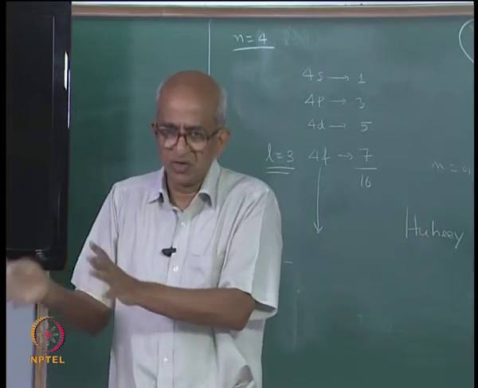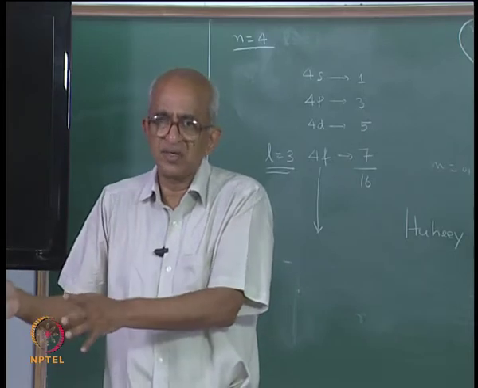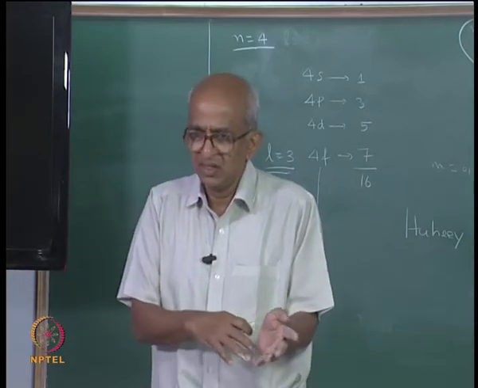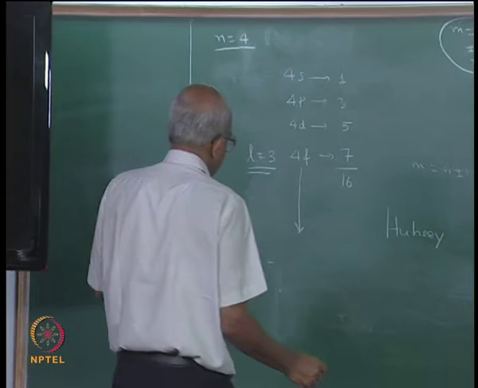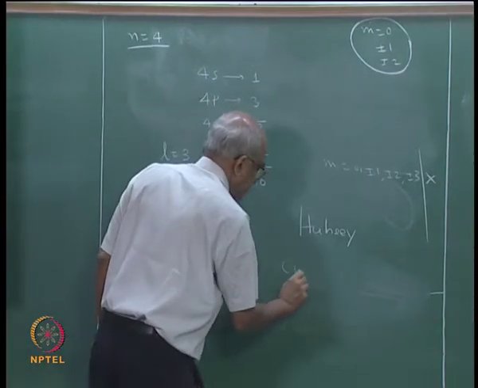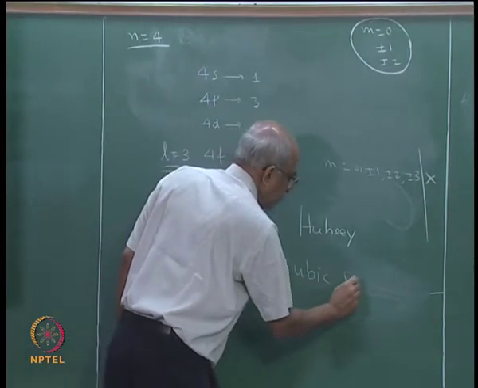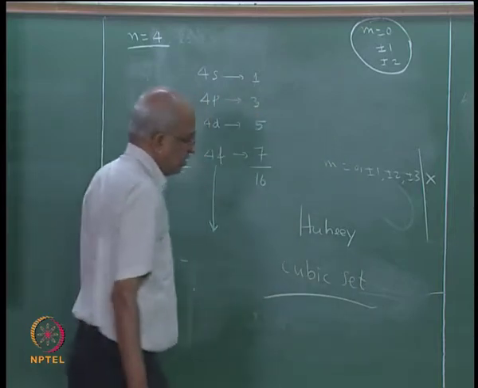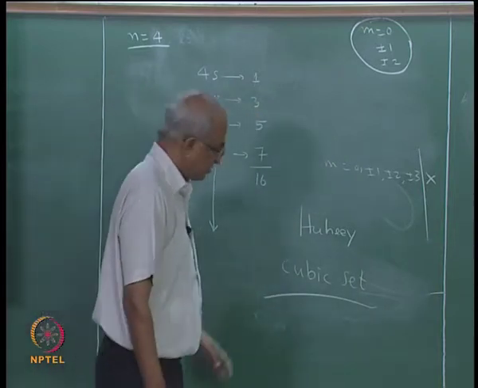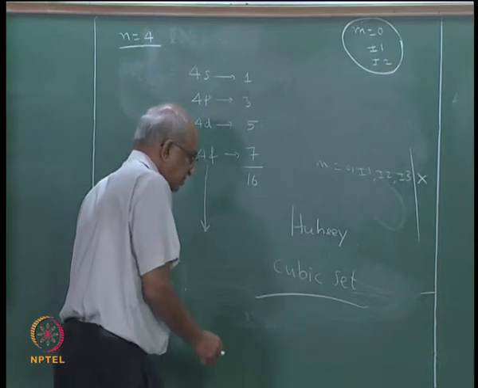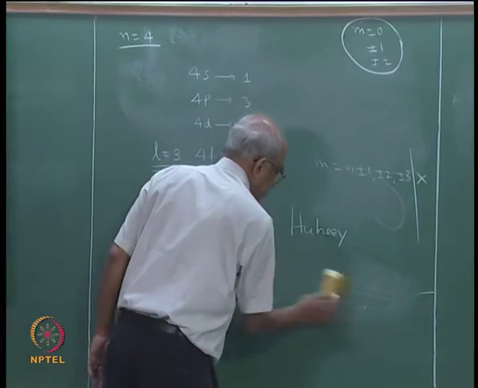These are not independent of each other, because one can be expressed in terms of the other. So, what I am going to show you is referred to as the cubic set.